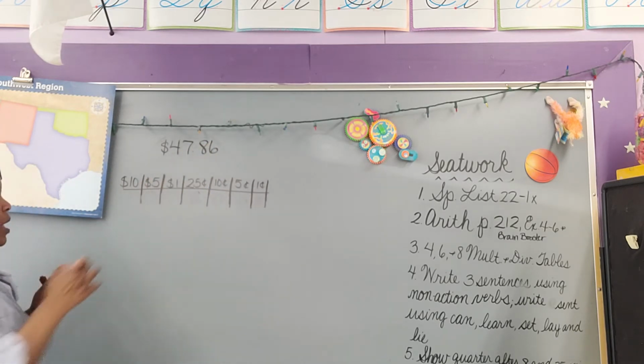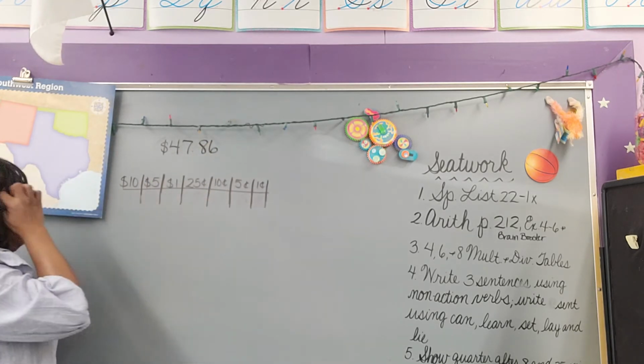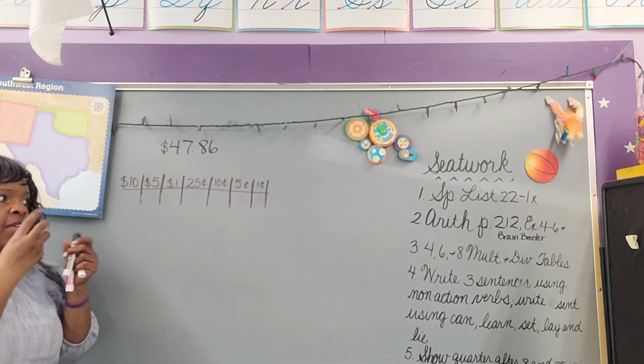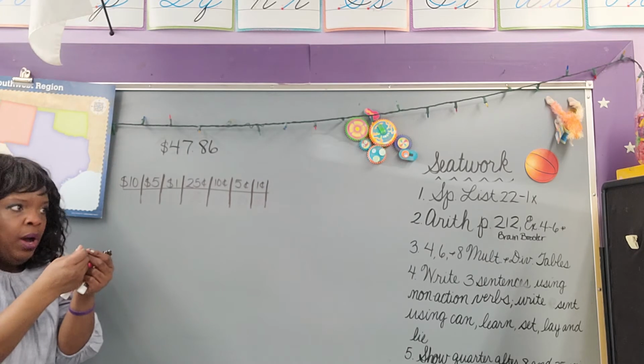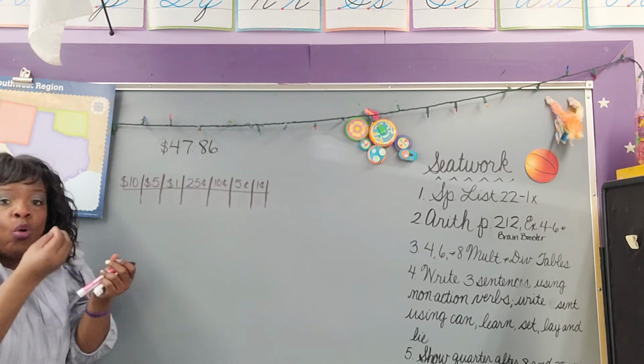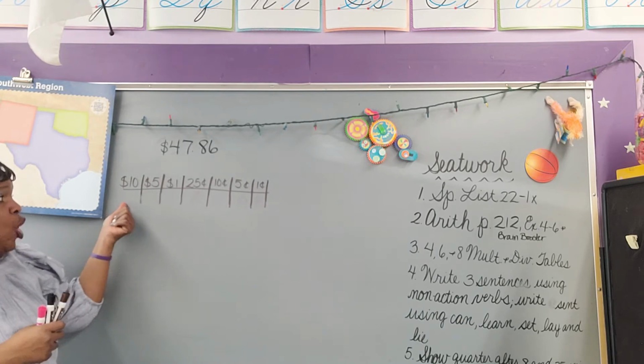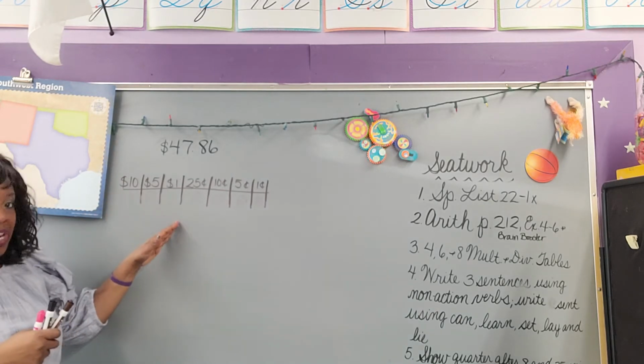So remember, I want to look at my largest amount because that's going to give me the fewest pieces of paper or coin in my hand. So I want to go as high as I possibly can go and start there and work my way down.